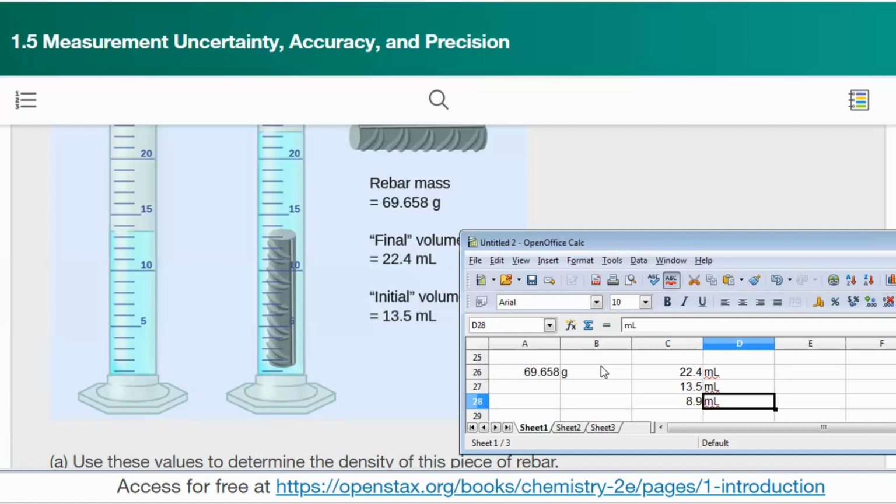We end up with two significant figures. All right, I think that's right. So we divide 69.658 grams by 8.9 milliliters, and we get this number.